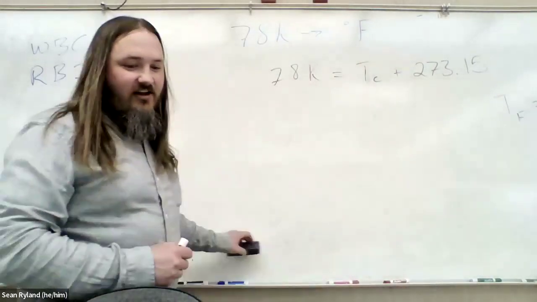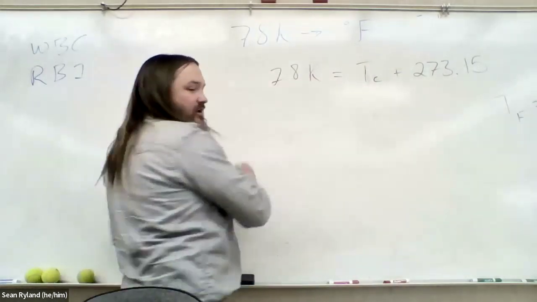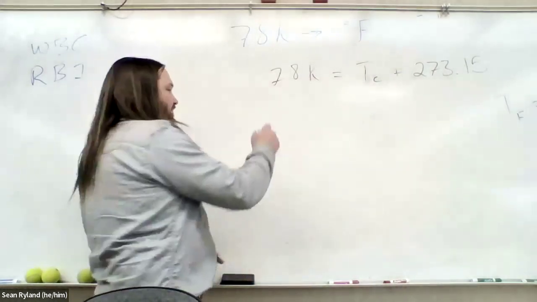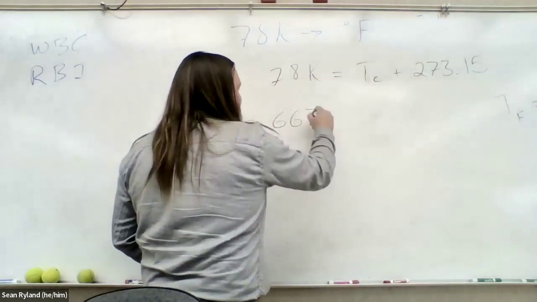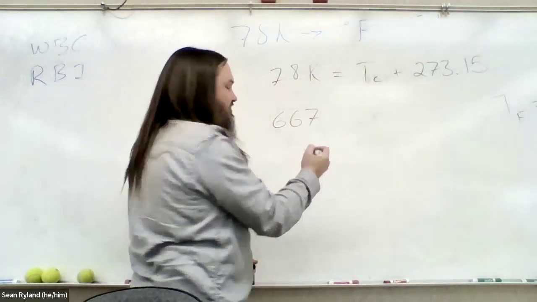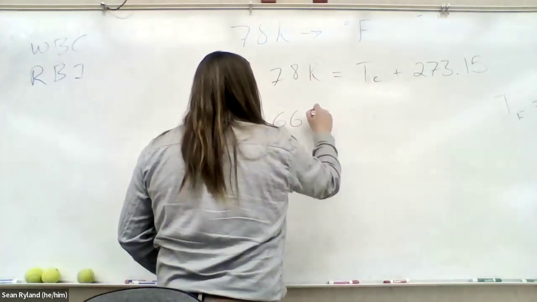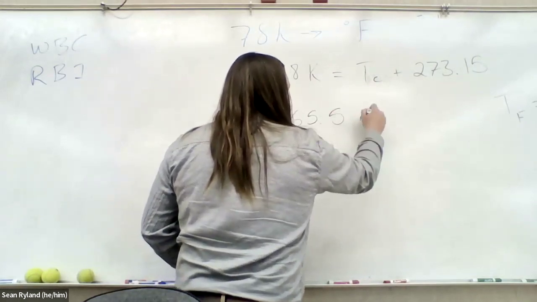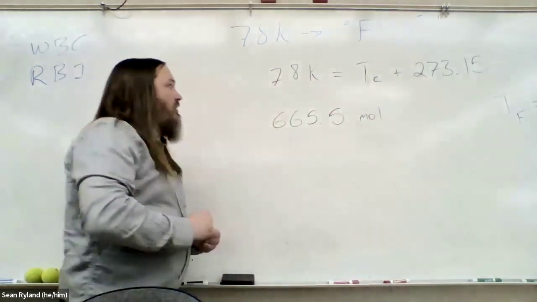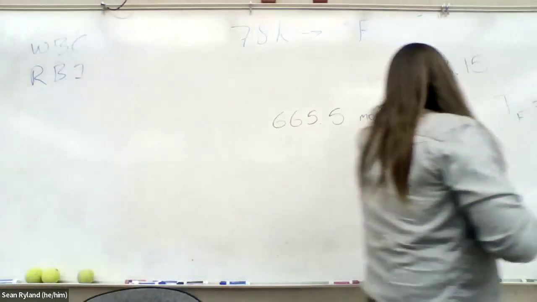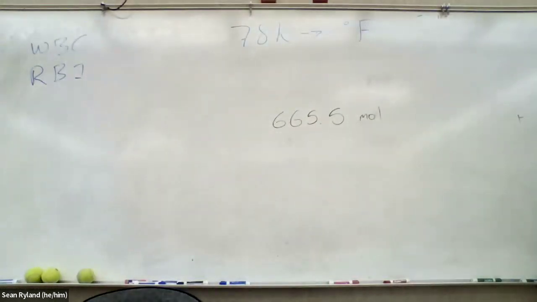Yes, I did. So the calculator answer for 2.3 was 665.5 moles. If we try to round that to 2 sig figs, that would be 670.